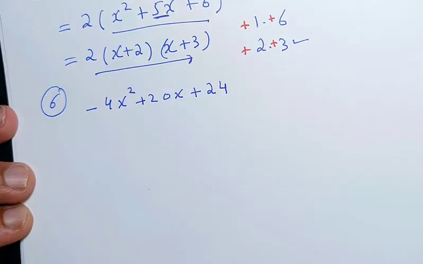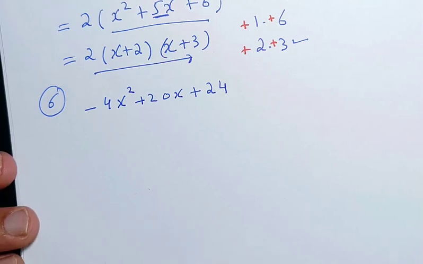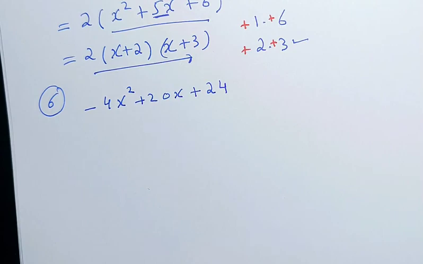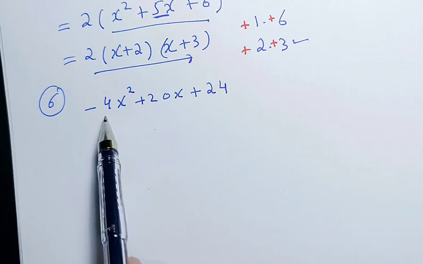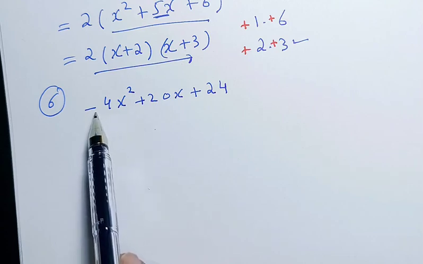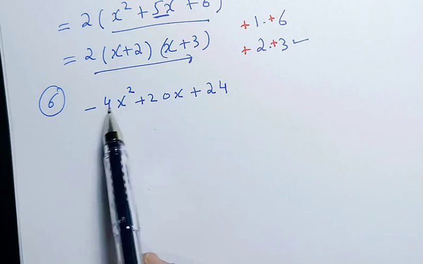Now this is my question number 6: negative 4x squared plus 20x plus 24. Now we must remember our leading coefficient must be positive. Here our leading coefficient is not positive, it is negative. So we have to divide the whole expression by negative 1.